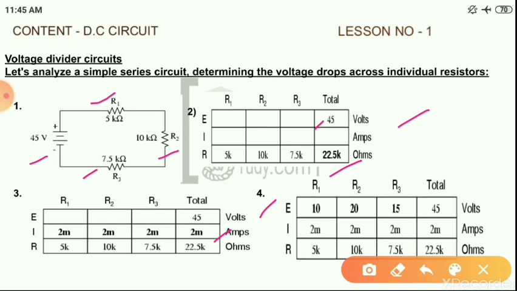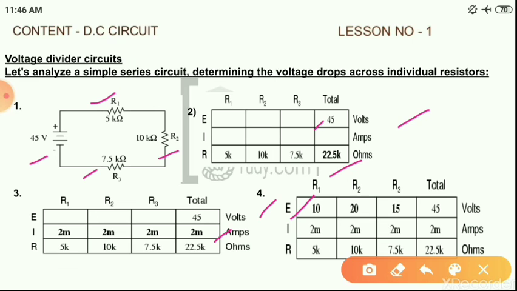Then in figure number 4 we can see the voltage drop across each resistor. For the 5 kilo ohm resistor, if 2 milliampere current is flowing through it, then 10 volt will be dropped across this resistor.